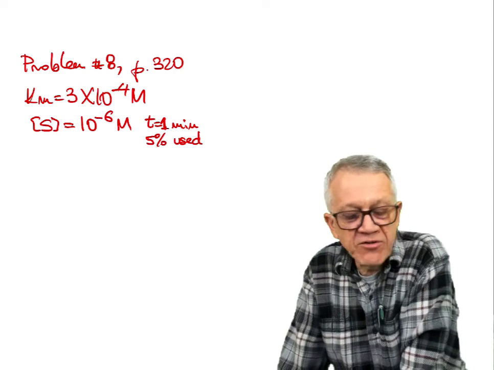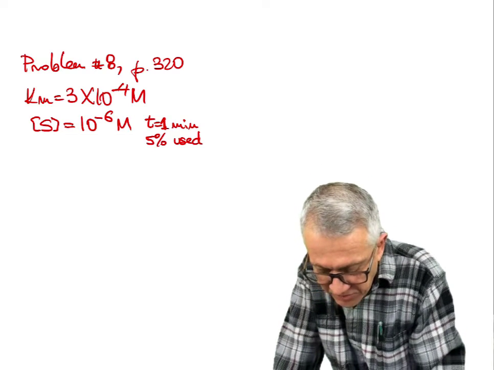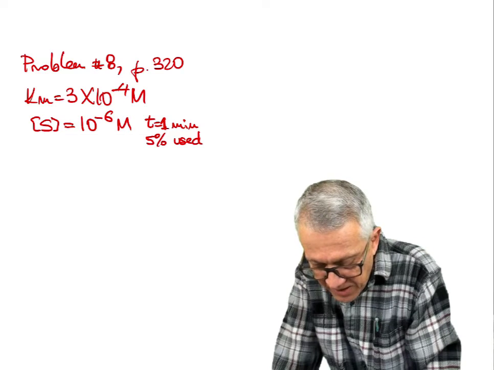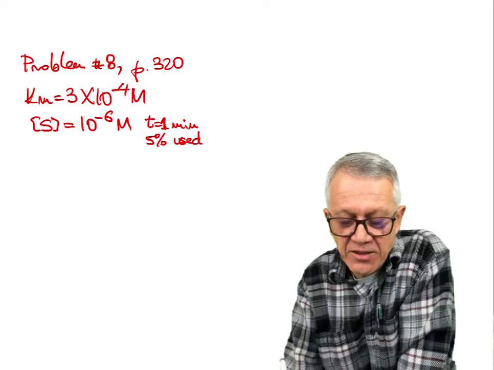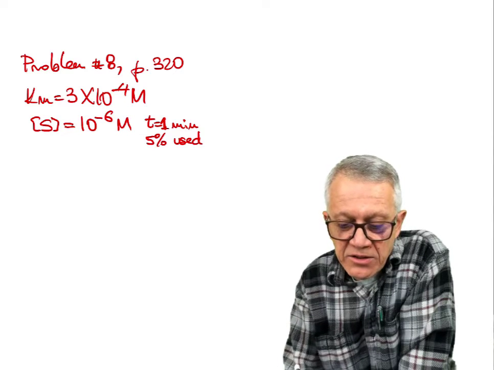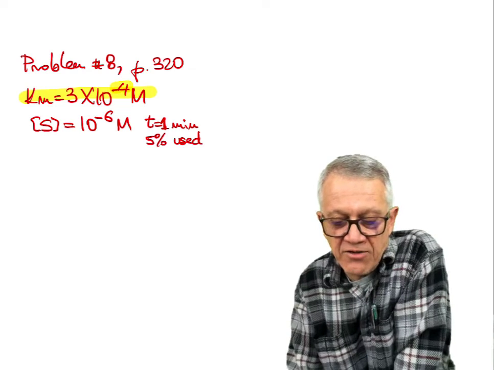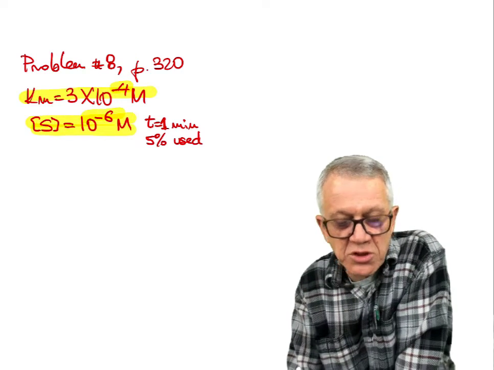All right, so first of all, before even answering the question, because the first question is what percent of the substrate will be utilized by 5 minutes? Let's see what we have here. We have this reaction with a Km of 10^-4, and the substrate is at 10^-6.